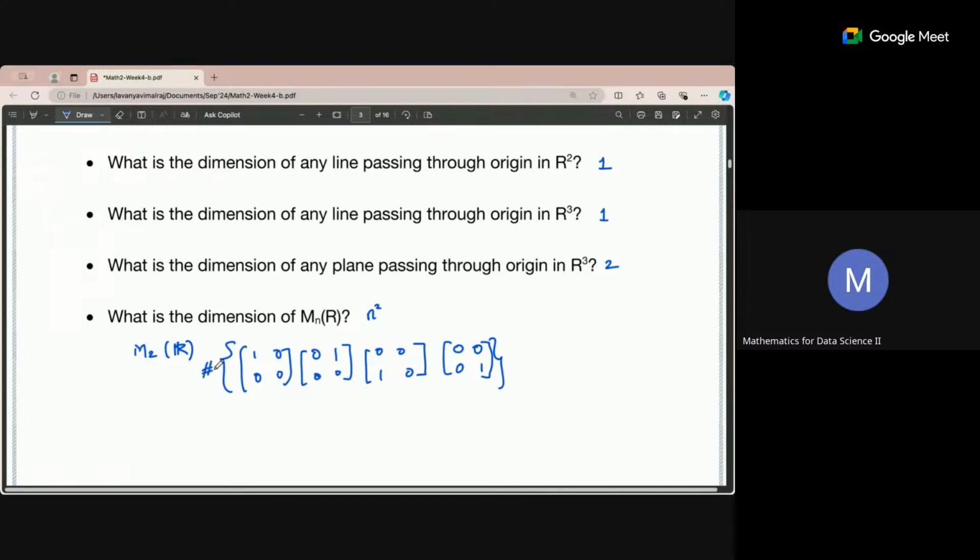So in general for Mn of R, you have n squared. What about the set of all rectangular matrices? Suppose you are considering all m by n matrices with real entries, then what happens? The dimension is m times n.